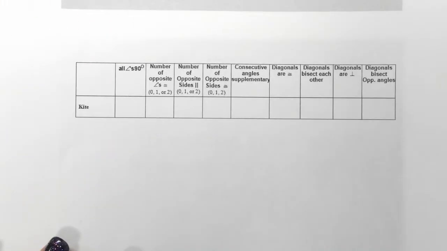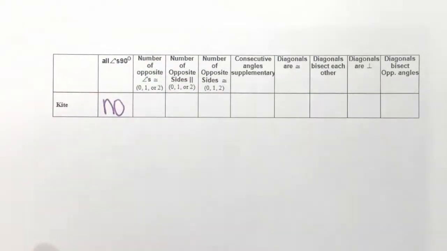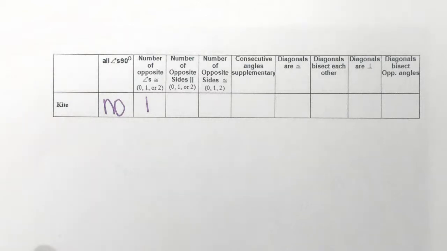All right. Are all angles 90 degrees? No. The number of opposite angles congruent. One set of opposite angles are congruent. The yes/no checklist.